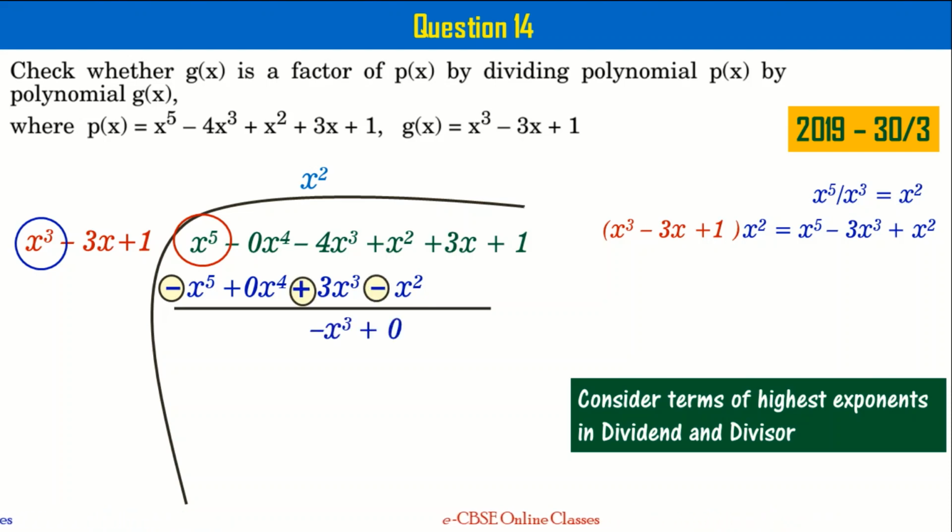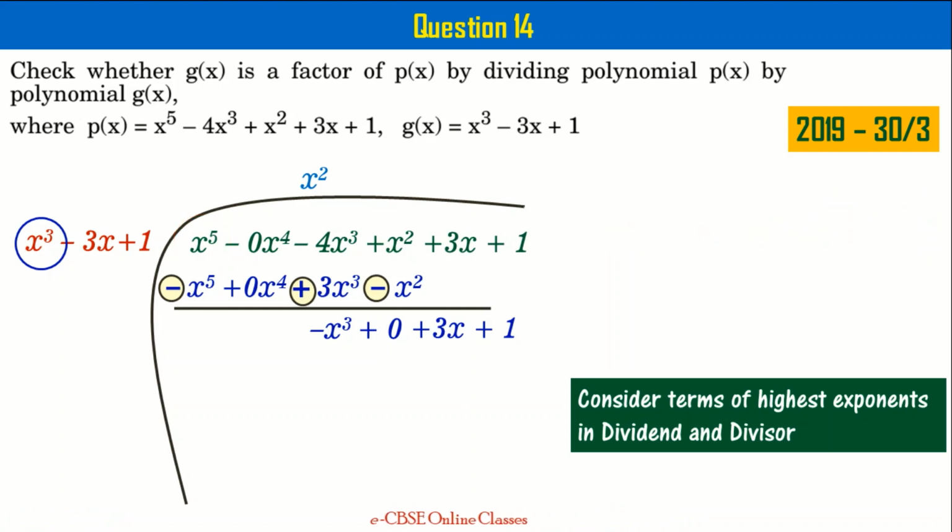When you do that, what you get is minus x cube plus 0 as the answer, right? Now what we have to do is bring down 3x plus 1. When you bring down 3x plus 1, the expression you have here is minus x cube plus 3x plus 1, right? Now let me repeat, considering the terms of highest exponents in dividend.